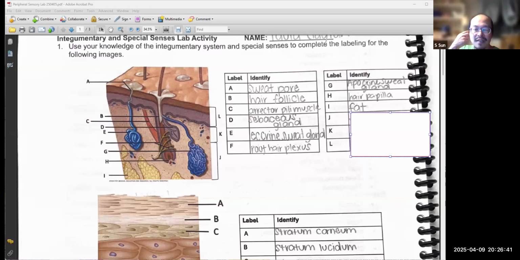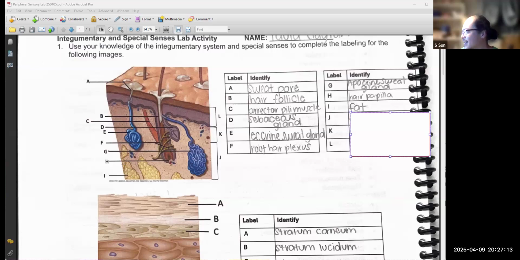It's not going to control it, but it senses it, so if your hair gets touched, you feel it. GH is the hair papilla. G is the apocrine sweat gland, which is more condensed sweat coming into the hair follicle and coming out from it.